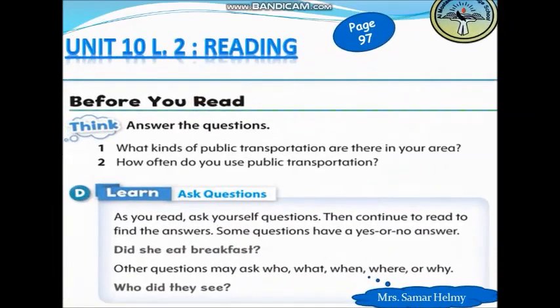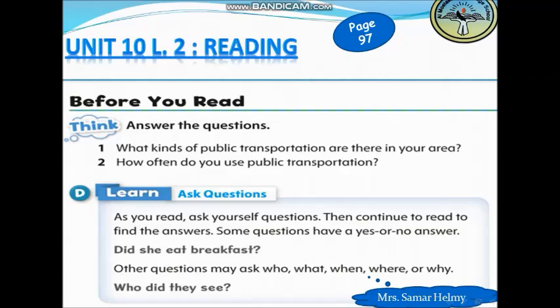Now, let's start our new lesson. Open your book, page 97, Unit 10, Lesson 2, reading. Before we read, what should we do? Answer the questions. Number 1, what kinds of public transportation are there in your area?